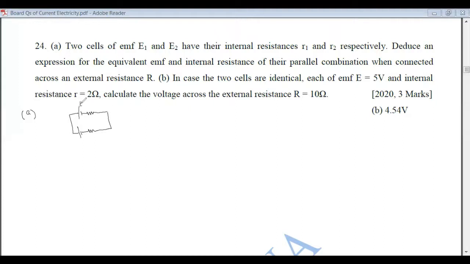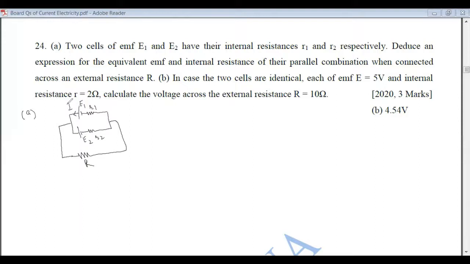This is the first cell having an EMF E1 and internal resistance R1. This is the second cell having an EMF E2 and its internal resistance is R2. So this parallel combination is connected across an external resistance capital R.